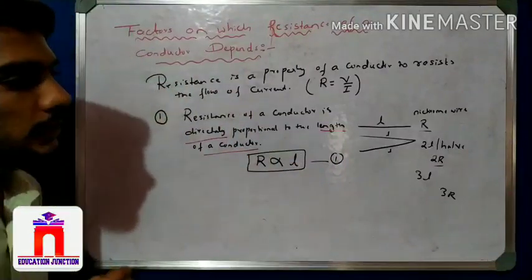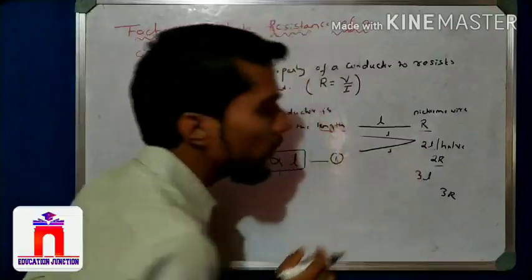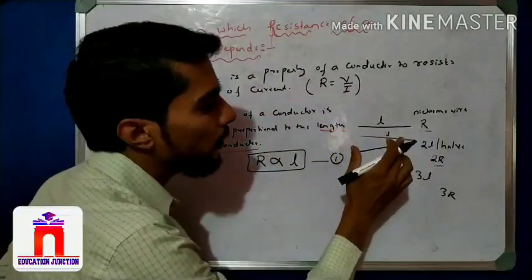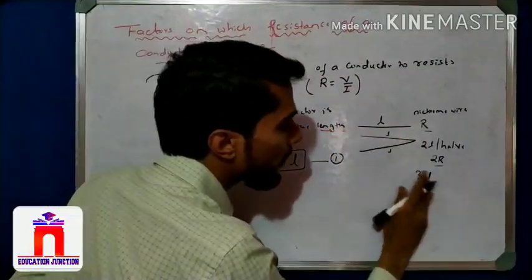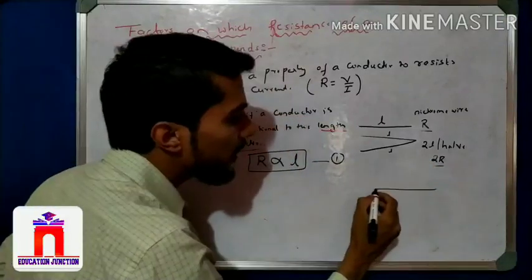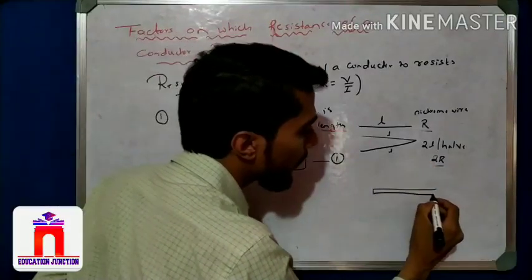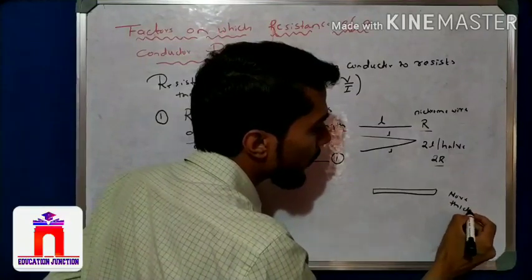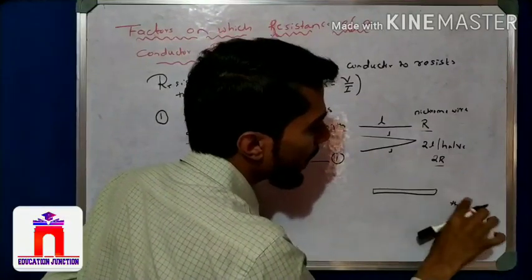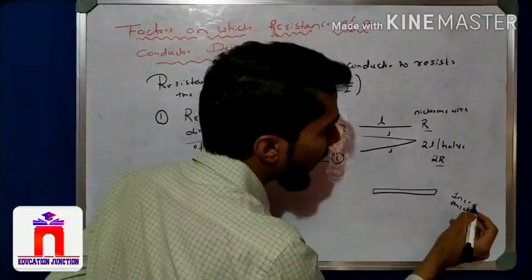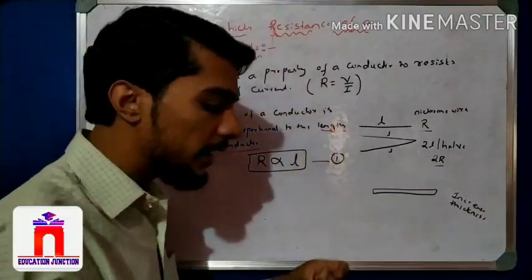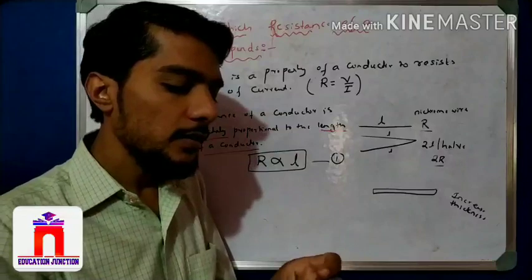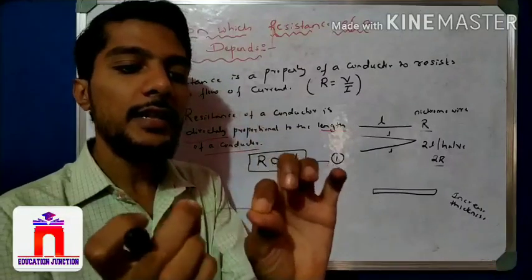Now I use the same nichrome wire, but in this case I make the thickness more. I increase the thickness of the nichrome wire. Thickness means this is the thickness.